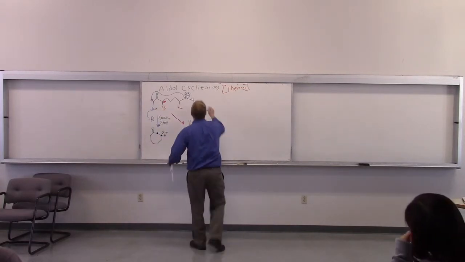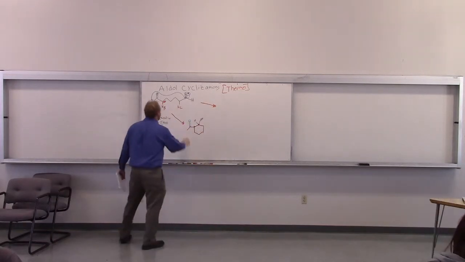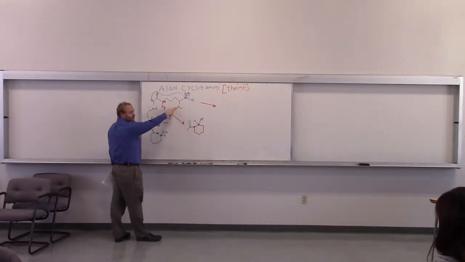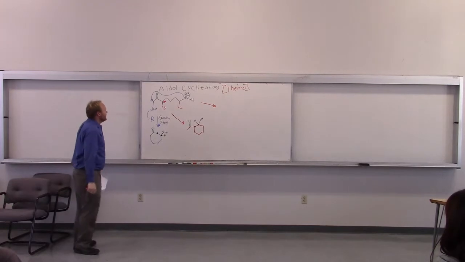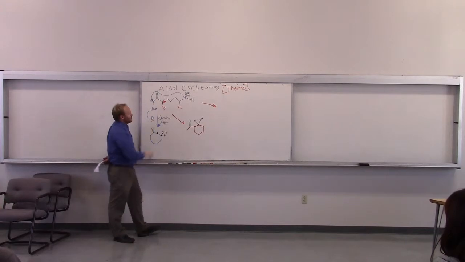Then finally, the third possible product is the base taking this proton. And so if we take this proton in orange now, which is often the aldehyde, and it attacks this ketone, it will give us a 1, 2, 3, 4, 5, 6-membered ring as well.